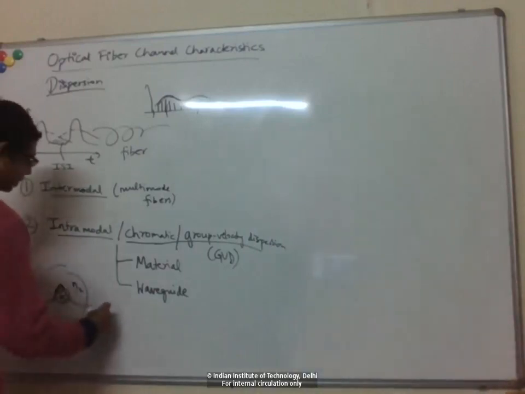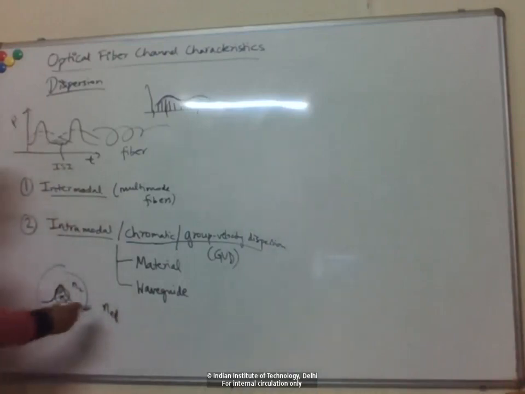So you might recall this concept of effective index for a mode, right? That lies between n1 and n2. That basically is a measure of how much of the mode is in the core and how much is in the cladding, right? If more of the mode is in the core, then n effective is closer to n1. If it leaks out more, then it goes closer to n2.